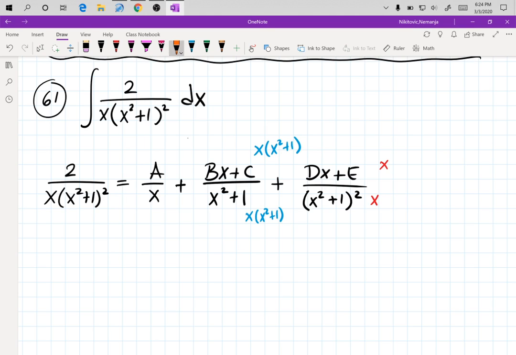And the first one we are multiplying by x squared plus 1 squared. Now, it is good to FOIL this. So x squared plus 1 squared is going to be x to the 4th plus 2x squared plus 1. So that's what we are multiplying by when we do the orange. And we have x cubed plus x when we multiply by the blue ones.